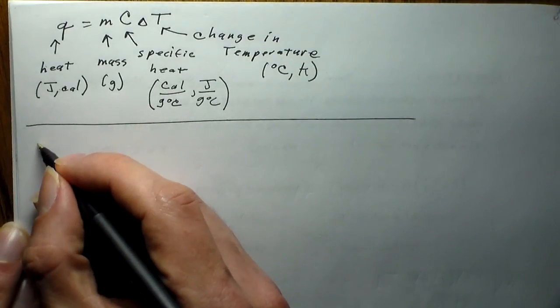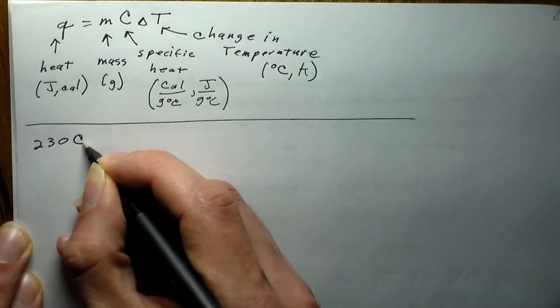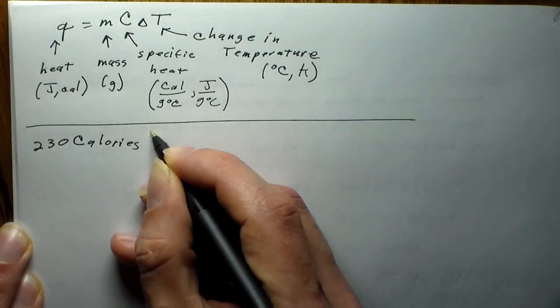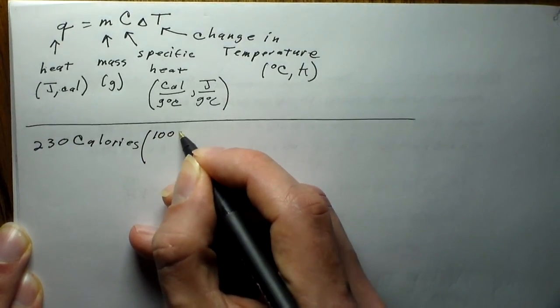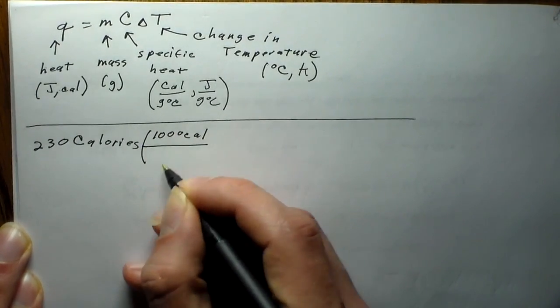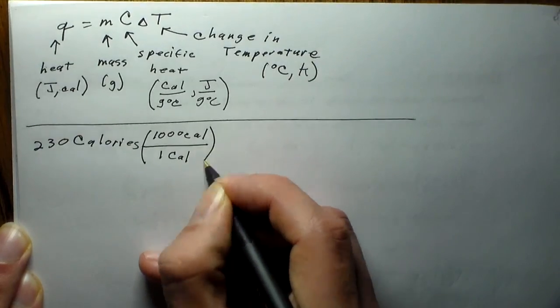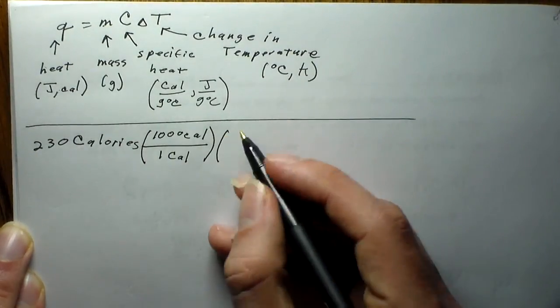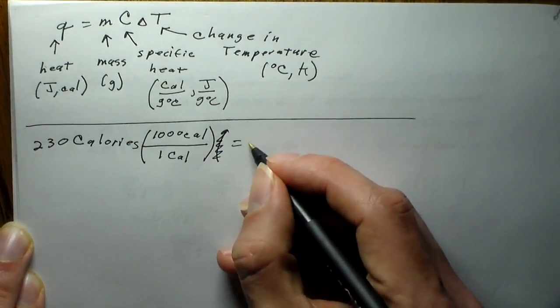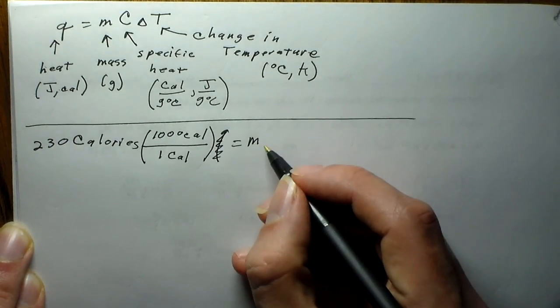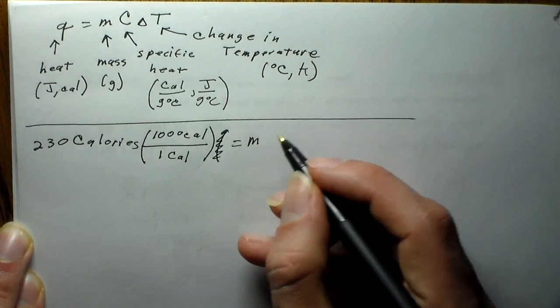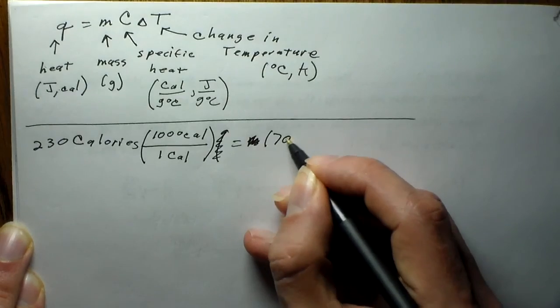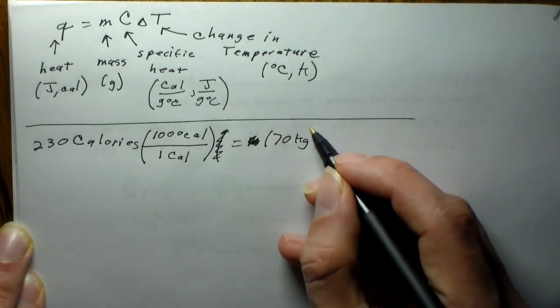So here I'm going to have my 230 food calories. And, of course, this is 1,000 little calories per big food calorie. And this is going to be equal to my mass, which is going to be 70 kilograms. All right, so 70 kilograms is basically an average person's mass.